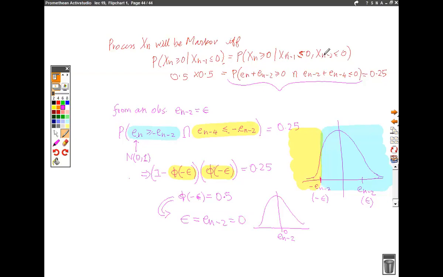So you know that given some value of x n minus 2 has, in a way, affected the way we are deriving our x n, we will know that e n minus 2 has to be 0 for this to be satisfied, but not for any e n minus 2 will this be satisfied. So in a way, there is no way for this MA process to become a stationary process. Is that clear to everyone?